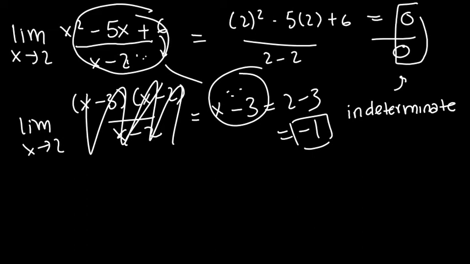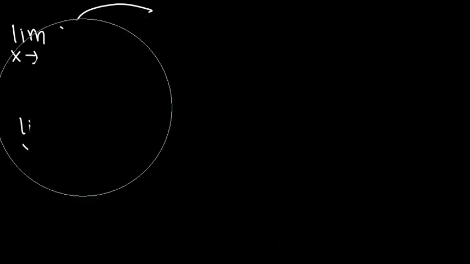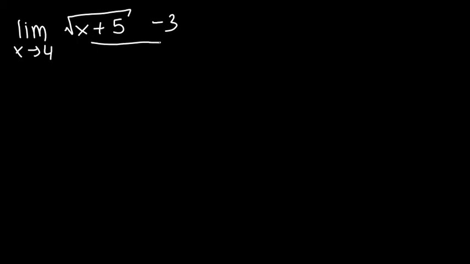Now let's look at another type of algebraic limit. Okay, so let me just clear the board. Say we have to compute the limit as x approaches 4 of the function (the square root of x plus 5, minus 3) over (x minus 4).